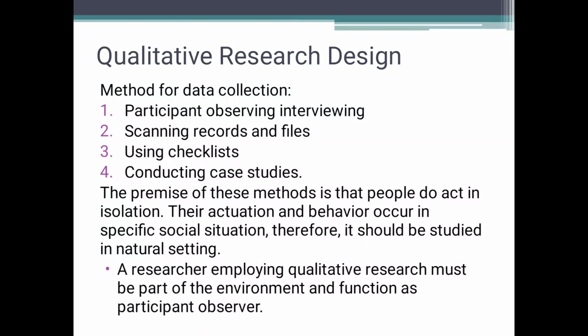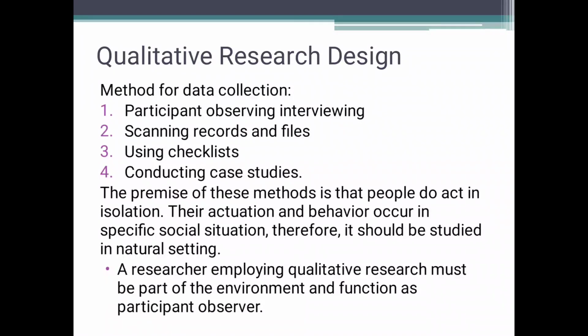So, ang premise po nito is people act naturally in isolation. So, kung nailagay mo siya sa isang situation, pwedeng affected na yung kanyang natural behavior. That is why if you're conducting a qualitative research, you have to get the trust of your participants so that they can show to you fully their behavior, their normal behavior.